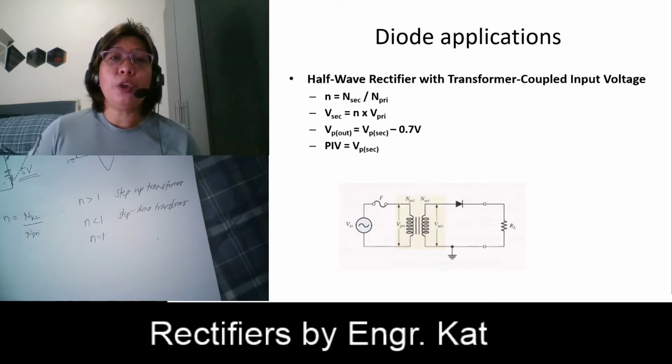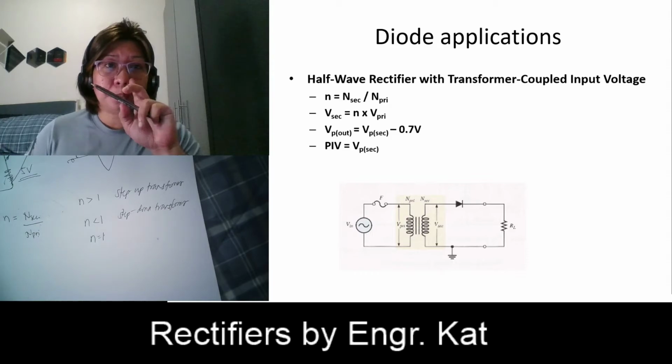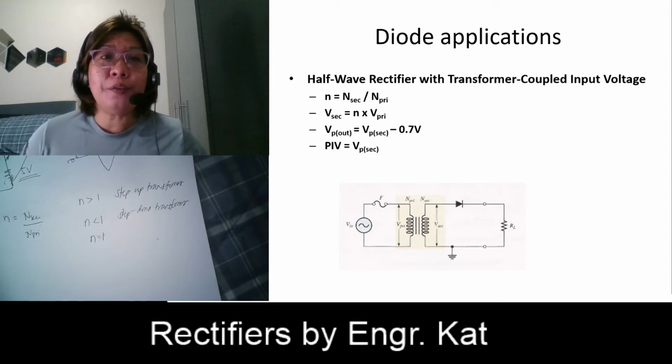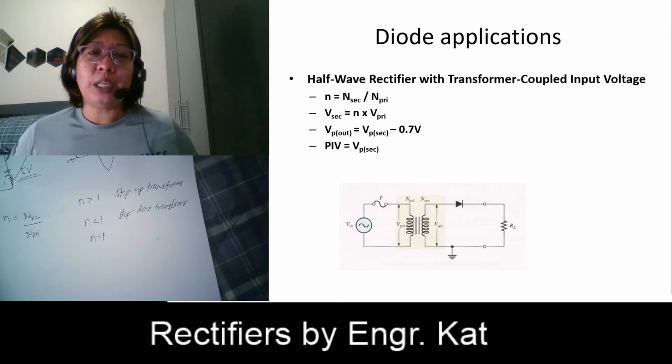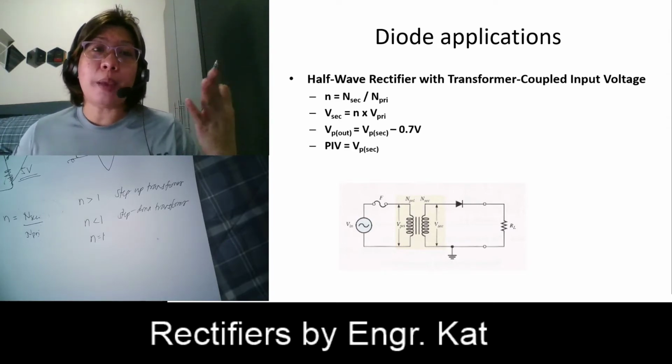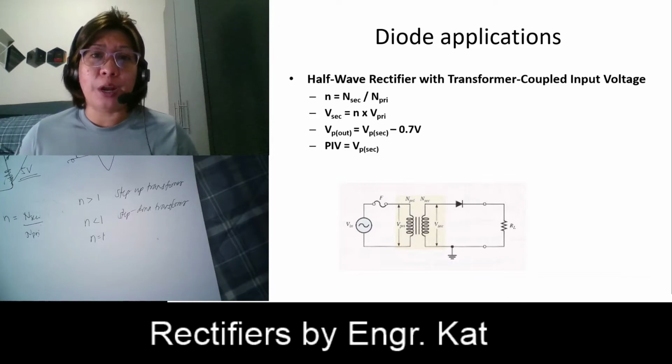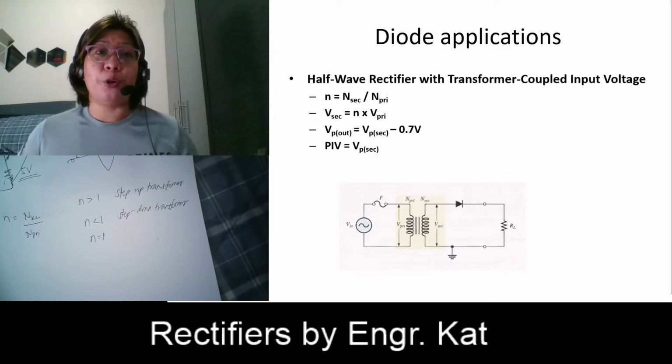So we have here your output voltage. The secondary voltage is different from your output voltage. The secondary voltage is the voltage that will be applied to your half-wave rectifier. Your V output is the output of your rectifier circuit.